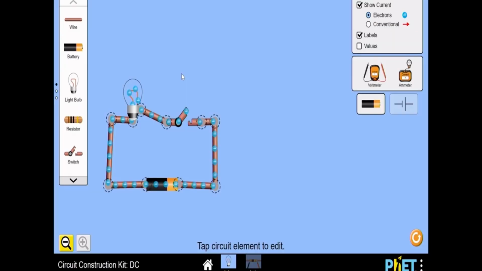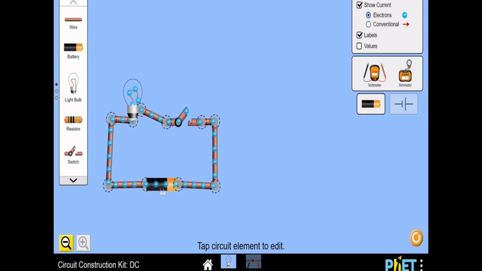Children, now let us see a simple electric circuit. As you can see here, the electric cell is connected through wires to a switch and a bulb. Here this switch is open, that means electric current is not flowing. In the cell, we have the positive terminal and the negative terminal.